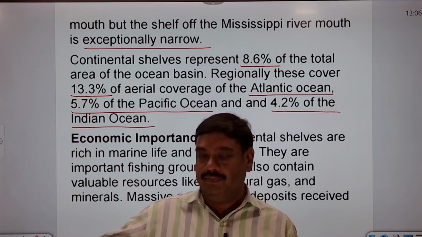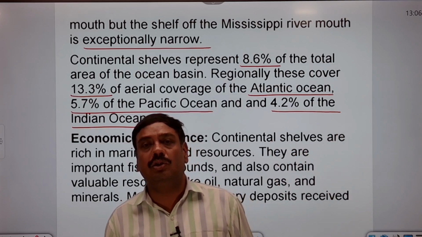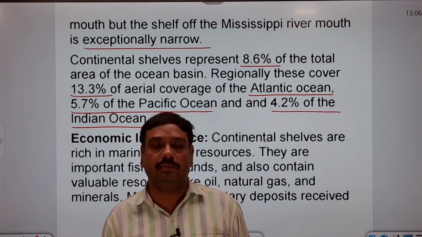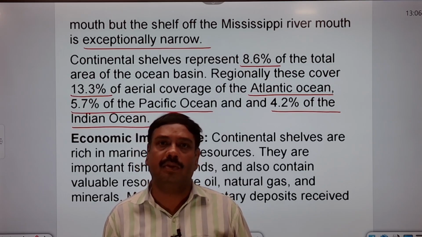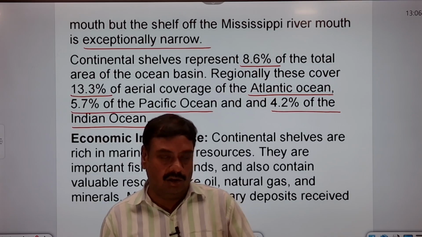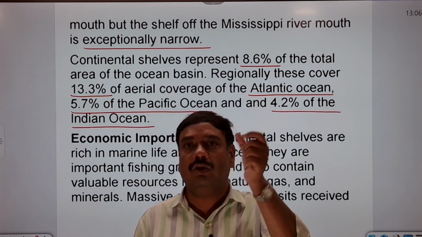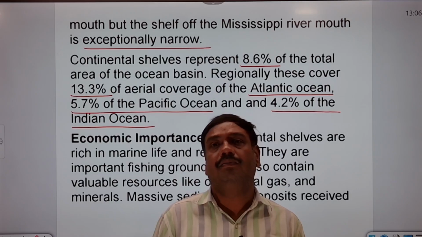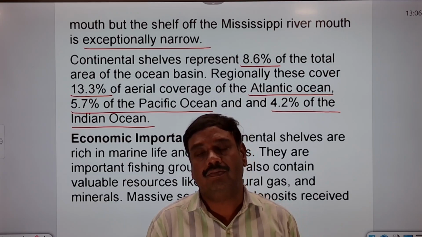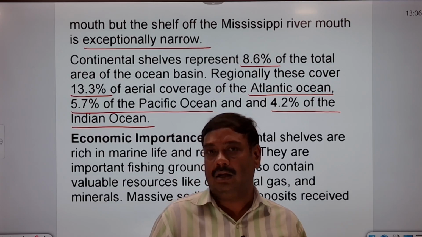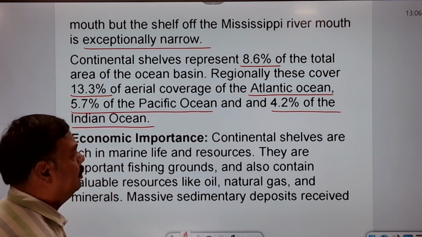And along the western margin of the Pacific Ocean, along the coast of Japan and along the coast of Australia, where we have seen the Great Dividing Range, the continental shelf is very narrow. So in that way the continental shelf occupies only 5.7% of the Pacific Ocean.